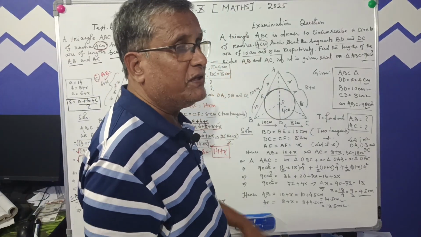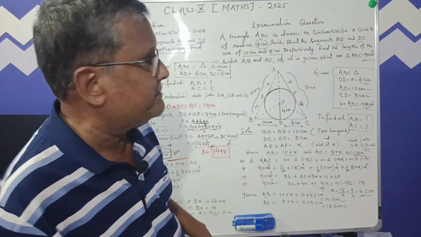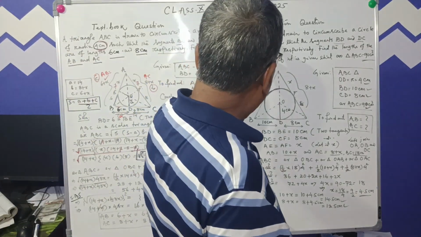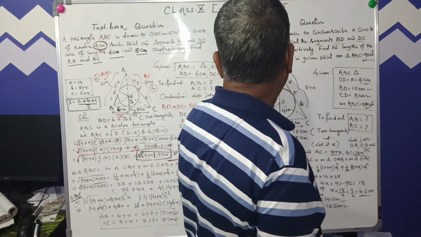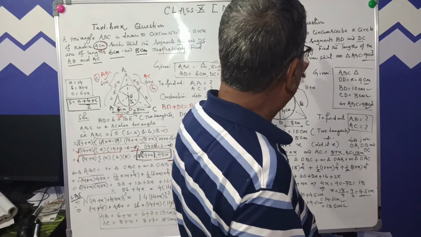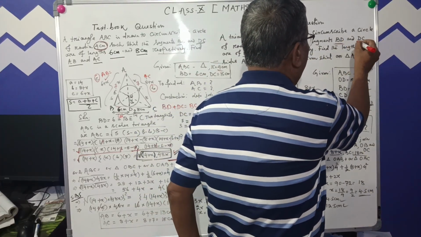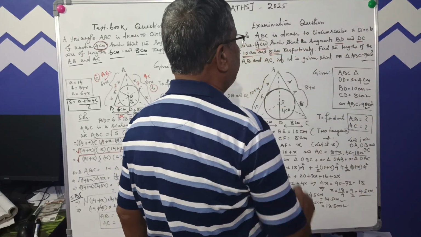So let's read the question. Let's compare and let's find out the difference. A triangle ABC, same thing, is drawn to circumscribe a circle of radius 4 cm, no change, radius 4 cm, such that the segments BD and DC are of 10 cm and 8 cm respectively.